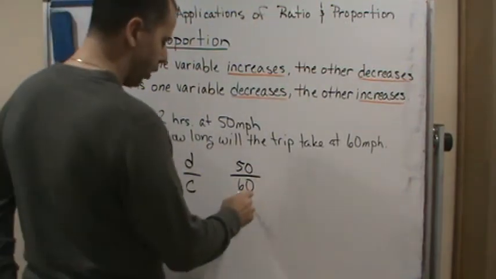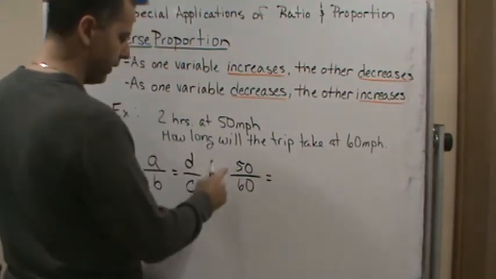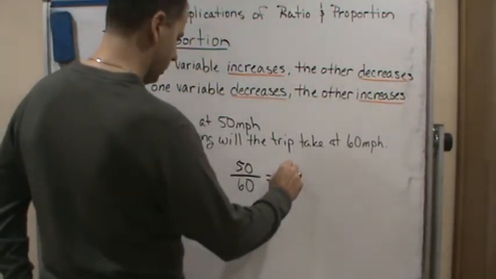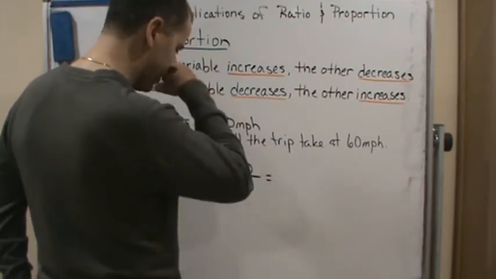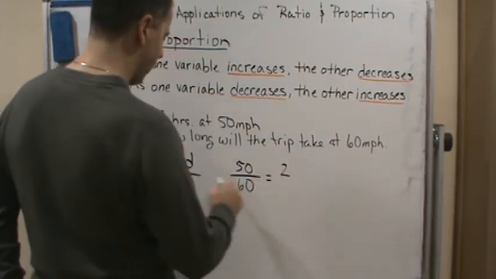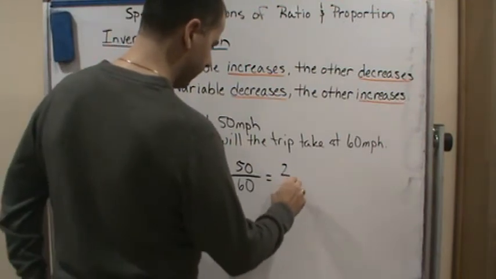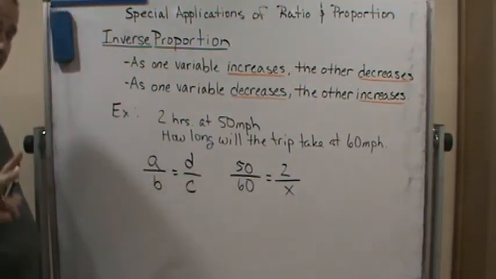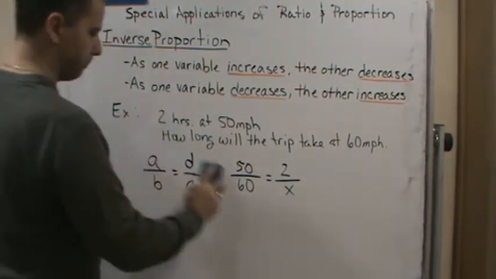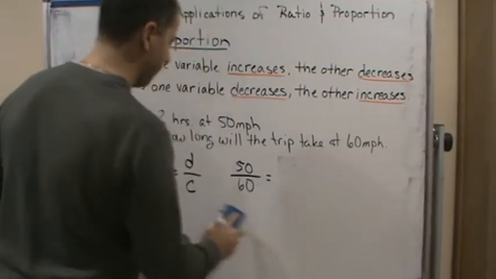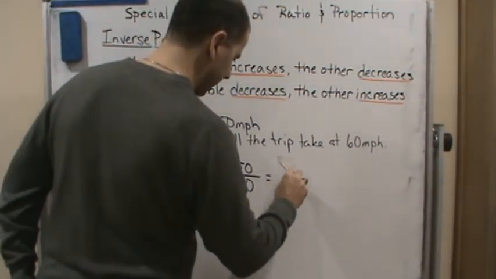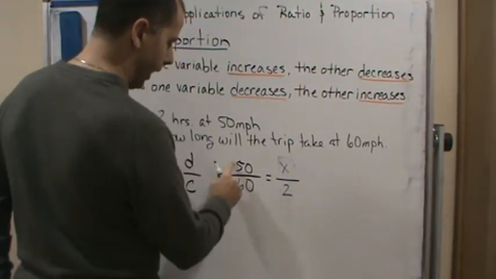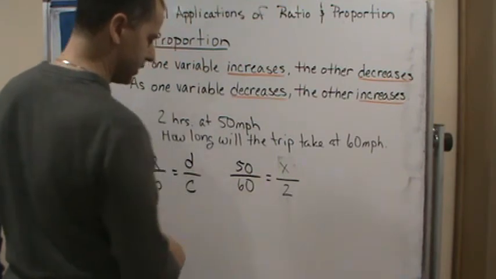Normally we would have the corresponding times and say 2 hours goes with 50, and X goes with 60. But since this is an inverse relationship, we're going to flip this, and so we're going to have X over 2. So 50 goes with 2 crosswise, and 60 goes with X crosswise.